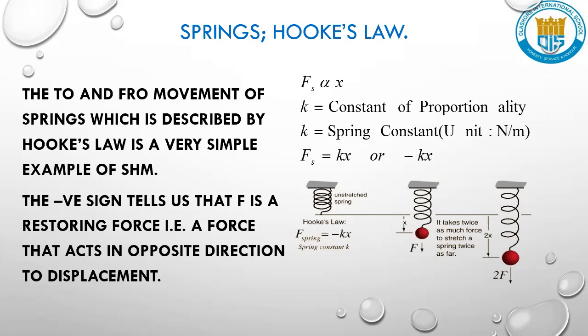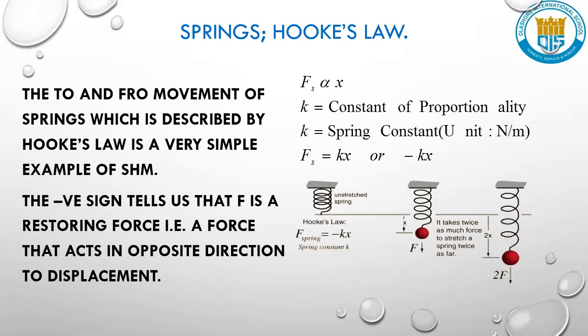If you look at the diagram on your screen, you can see the first spring, the unstretched spring. The spring has an original length. Then, by the time you stretch it, you apply a load F on it. You can see that it stretches a little. It stretches to a distance X. When you increase that load F to 2F, it stretches to a distance 2X.